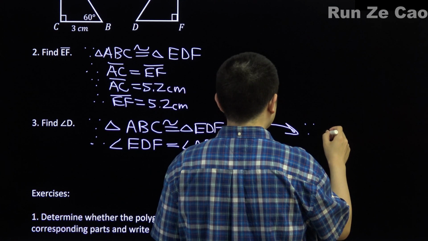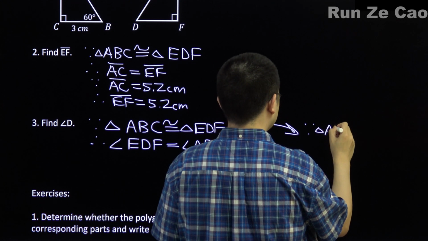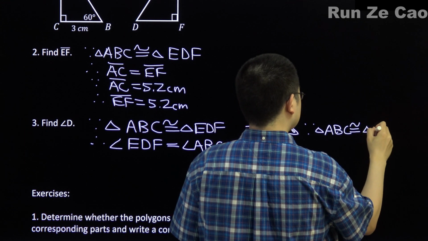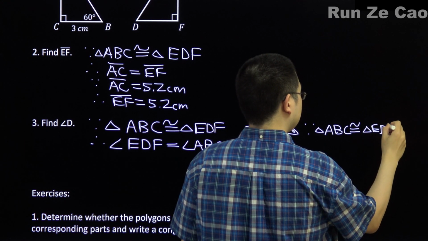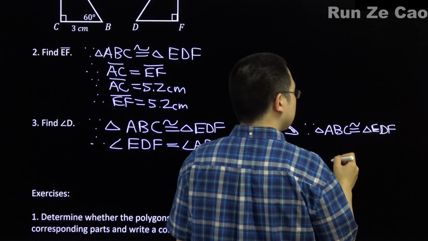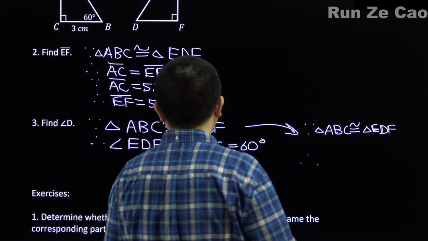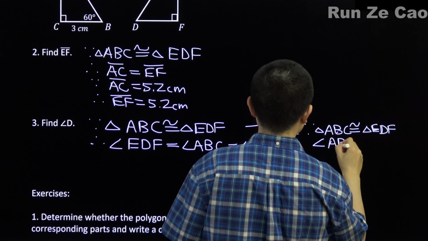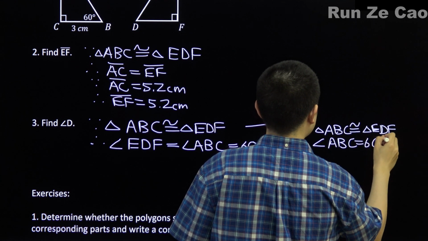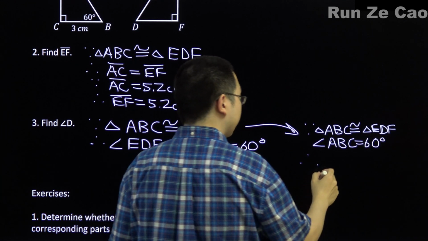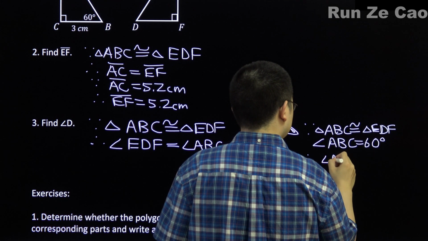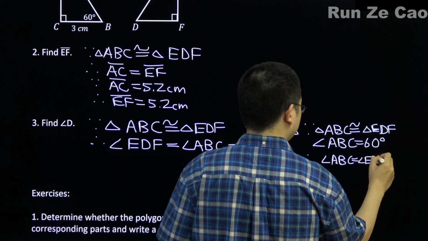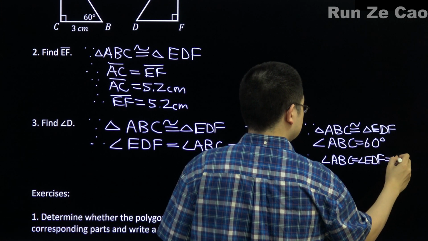So, the because you'd have the triangle ABC is congruent to triangle EDF. Sure. Okay. This part is the same. But you would also have angle ABC equals 60 degrees up here. And then you'd have, therefore, angle ABC is equal to angle EDF is equal to 60 degrees.